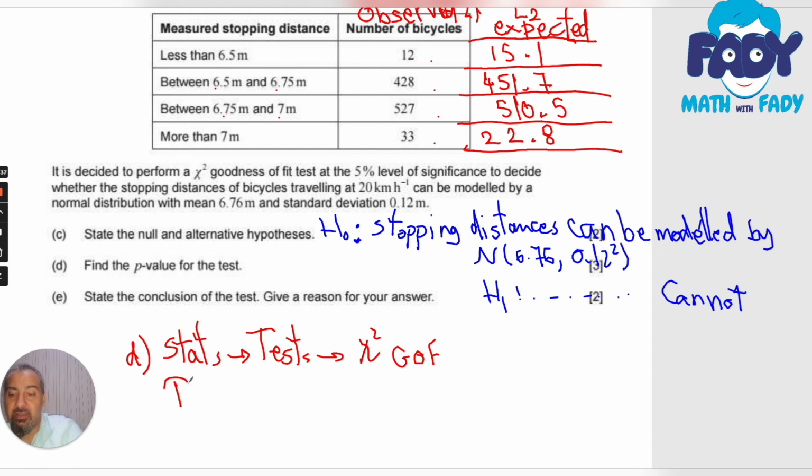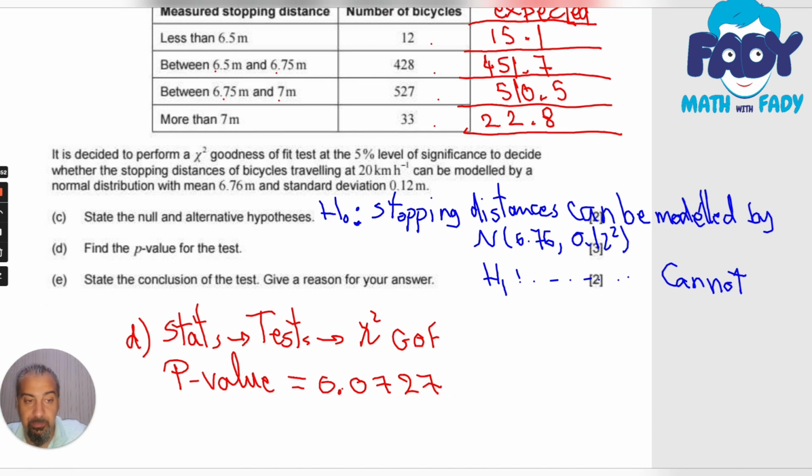We will find that p-value is 0.0727. This is our p-value from the calculator. E. State the conclusion of the test.